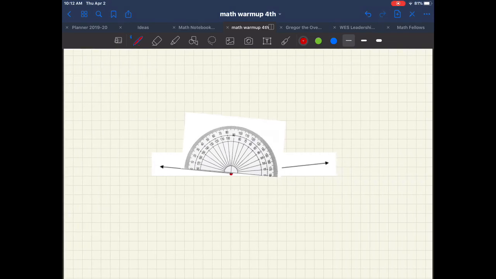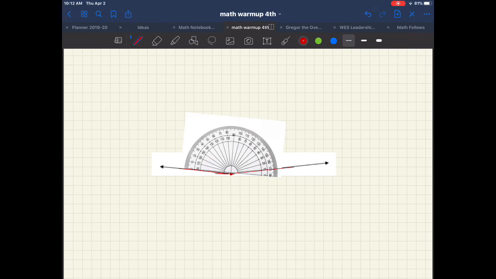I did try and get a picture of a protractor online and line it up. Notice how we line up this line exactly, and then I put the dot right here at the bend, and this line's coming out like this. It's about 170.